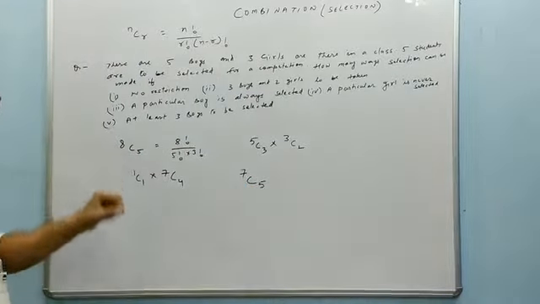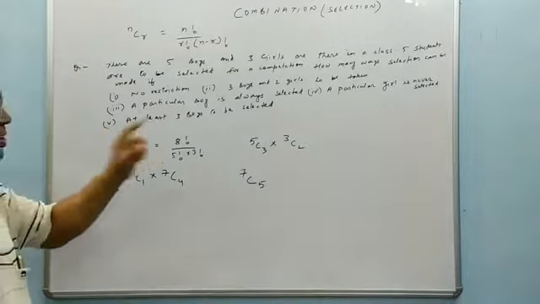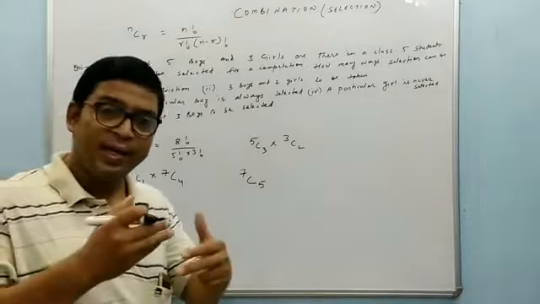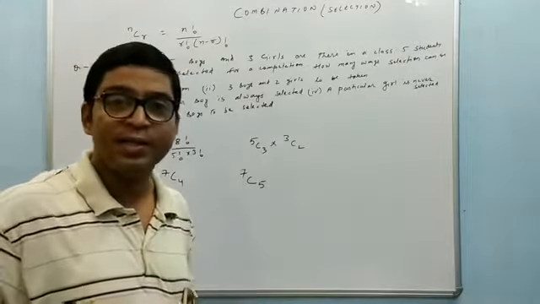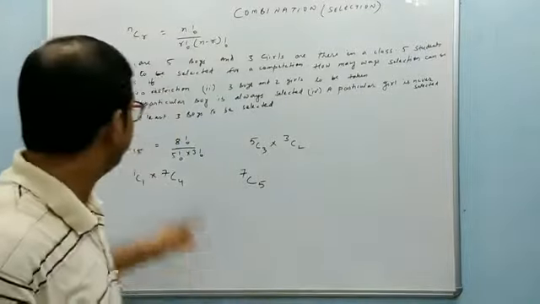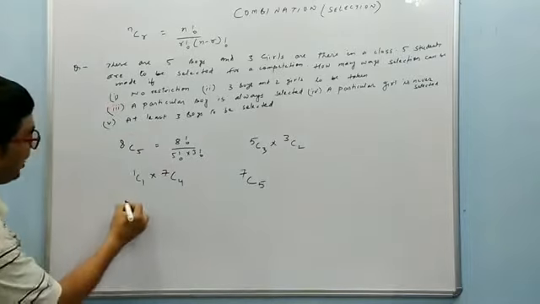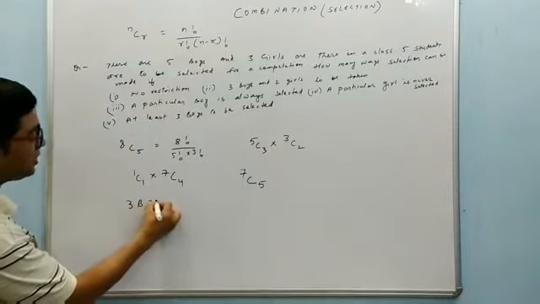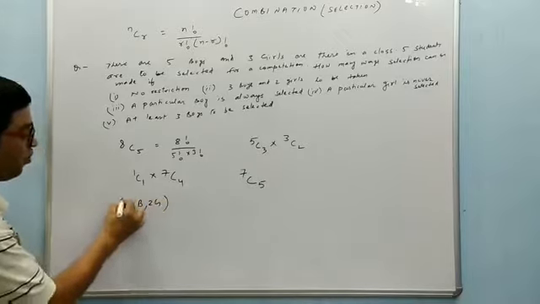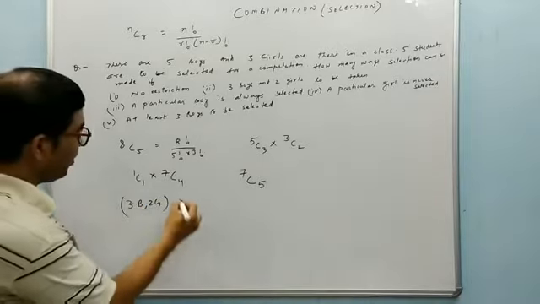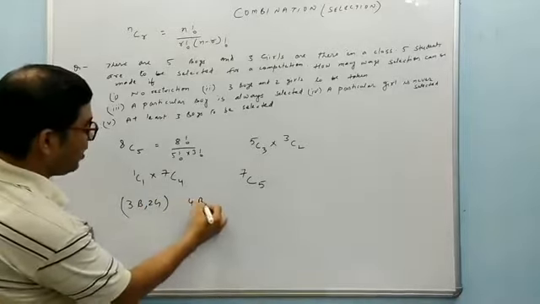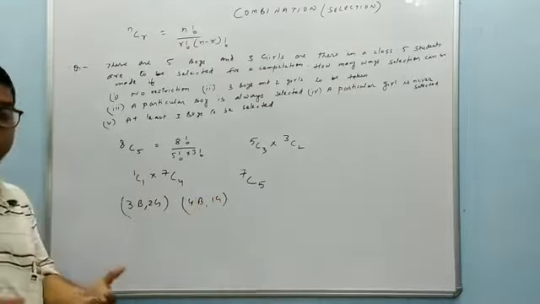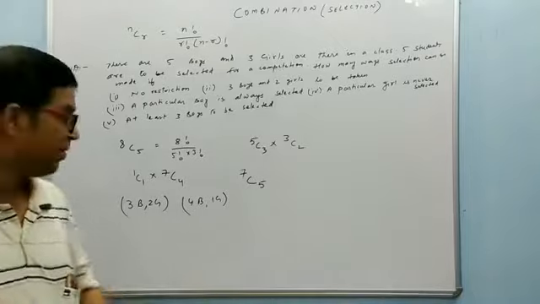And the last part, you come: at least 3 boys to be selected. We will just write this thing in English, then we will translate this into mathematics. At least 3 boys, what is the meaning? 3 boys and 2 girls. One combination can be 4 boys, 1 girl, because at least 3 boys, minimum 3 boys.